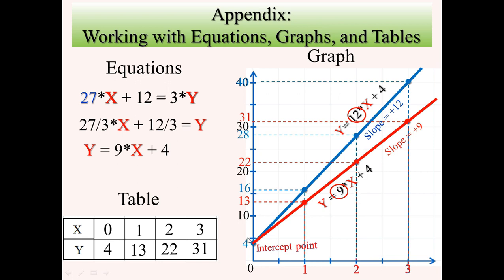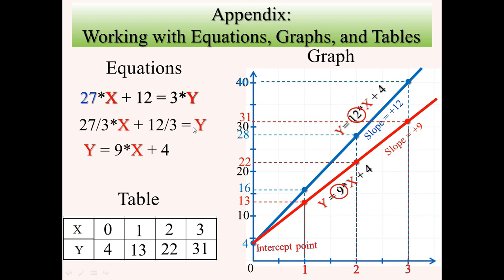When the slope is higher, it starts from the same intercept because you don't change that one. That's why when you draw it, it becomes higher. When the slope is bigger than the original one, the line is located above the original line.